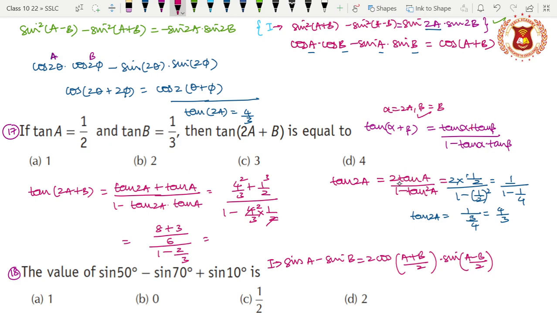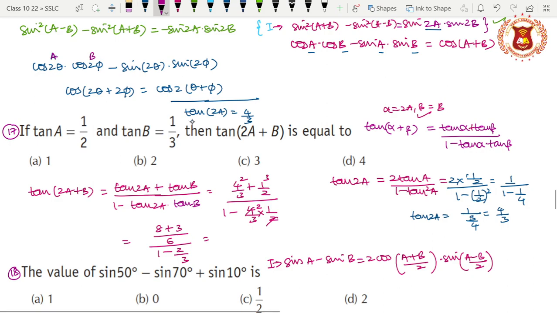Tan 2a is 4 by 3 plus tan a is 1 by 2. Here I made a slight mistake. Observe it very carefully. Tan (2a plus b), right? This is tan b here, and this is tan b here, right?